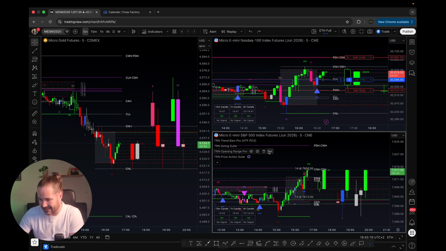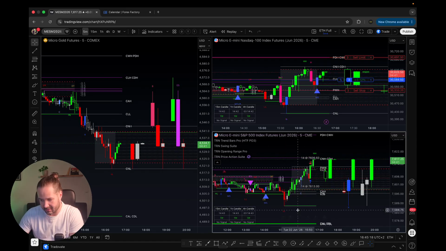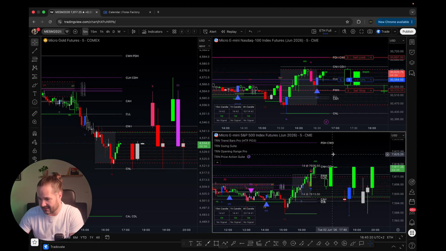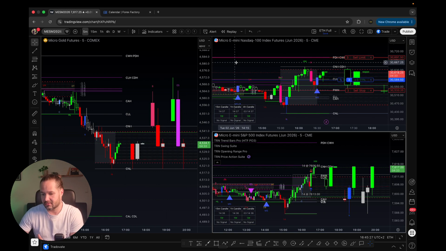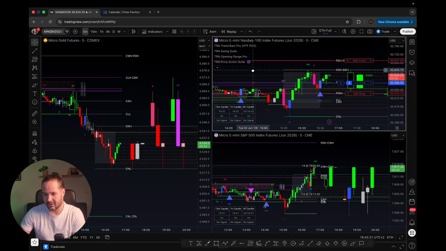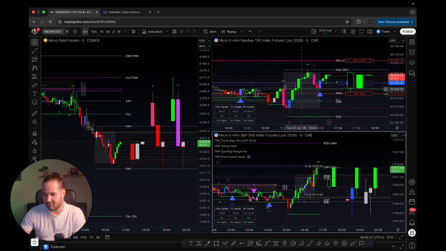Because ES is the strongest symbol right now. Look at this. To catch a long trade here would be even better. But it's always very important to trade the signals. So if you have a clean signal on NQ, like I had where I entered this long trade, then I can trade only NQ.